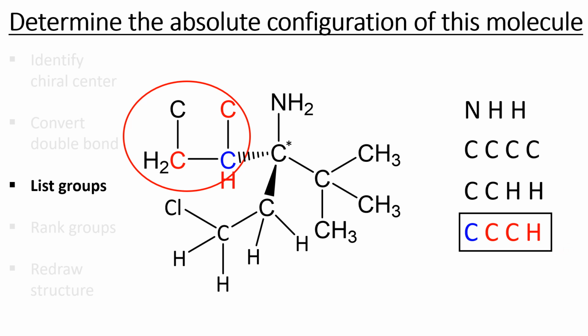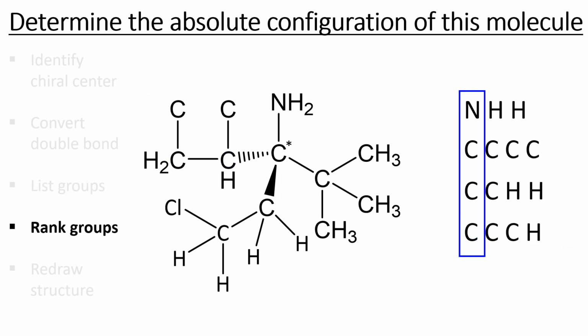After listing these four different groups, we will then rank the groups from 1 to 4, with 1 being the highest priority and 4 being the lowest priority. We can determine the priority numbers by comparing the first atoms in the four different groups with one another. The atom with the highest atomic number will get priority number 1.